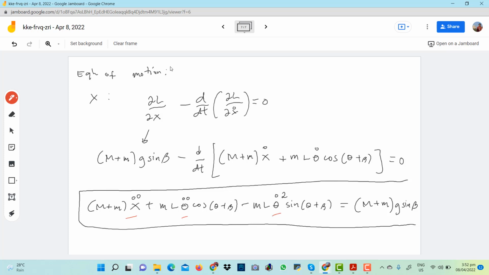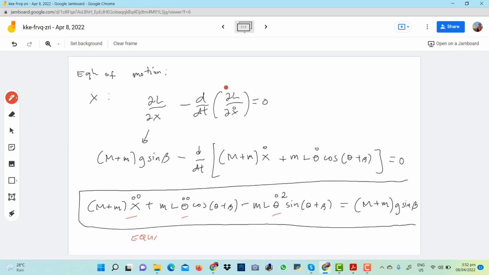Apisa sa coupling no, nasa sa coupling. And this is a differential equation, with x double dot, theta double dot and then theta dot. So this is a coupled differential equation. Okay, coupled differential equation. So this is one of my equation of motion.